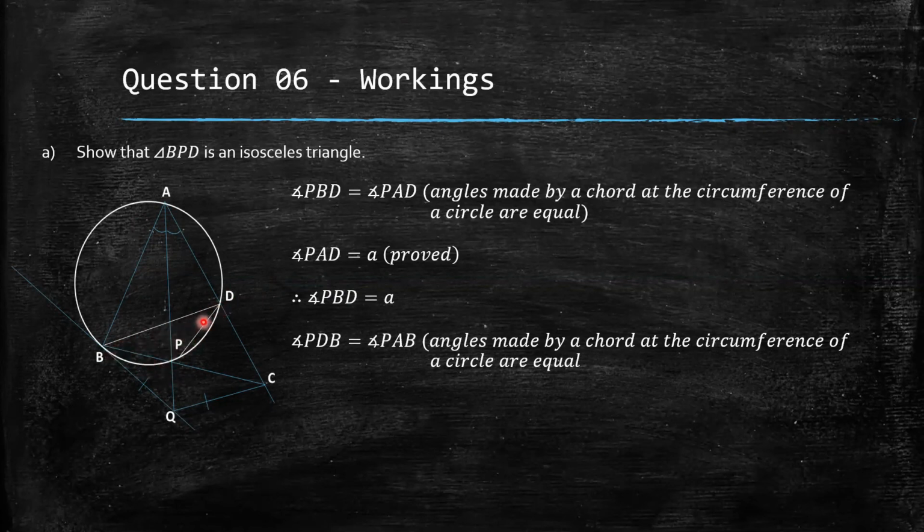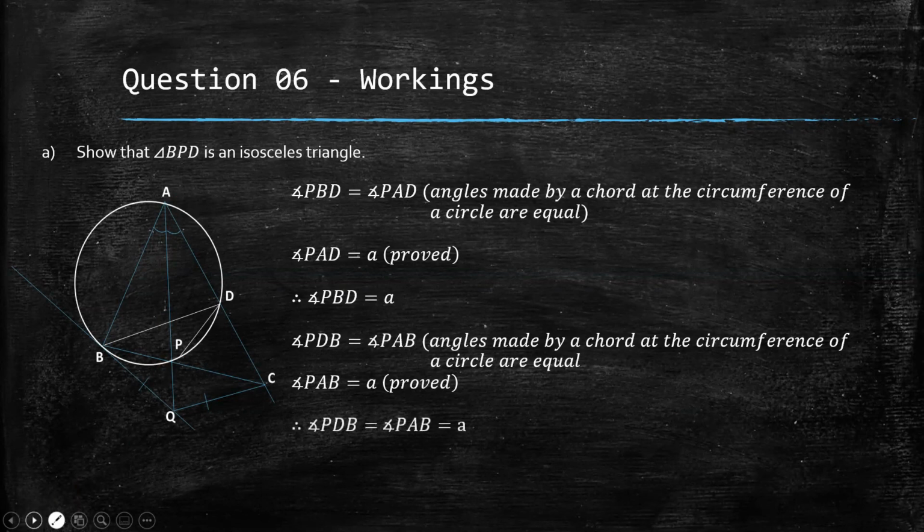Therefore, these two angles are also equal. But we have proved earlier that BAP is A. Thereby, PDB angle also becomes A. So this angle will become A, and this is also A.